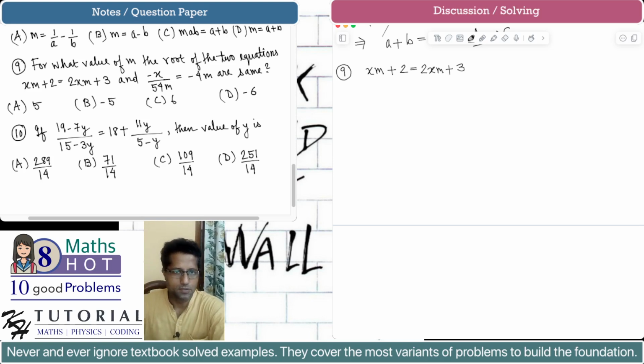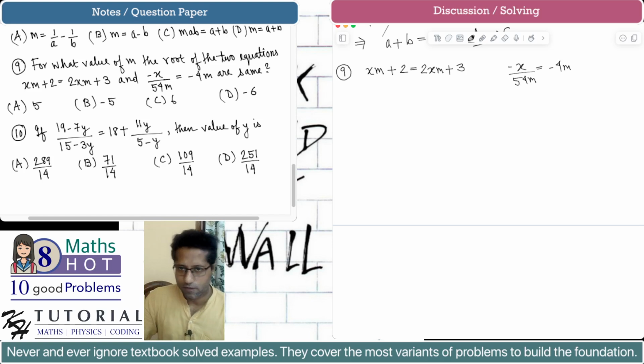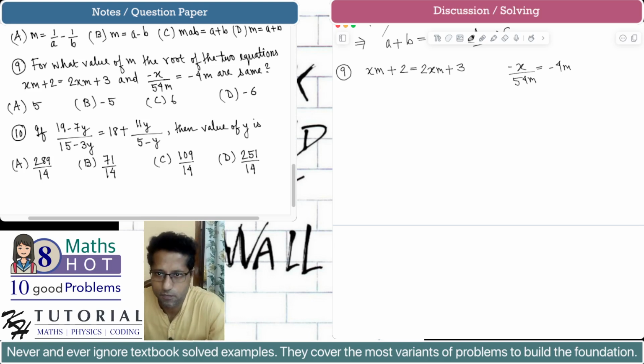And the second equation given is minus x by 54m is equal to minus 4m. From these two equations we will get some solution of each: the first equation will have some value of x, and the second equation will also have some value of x.